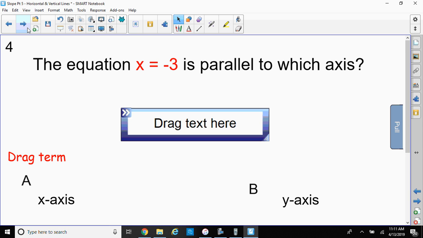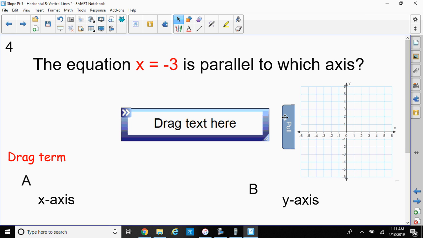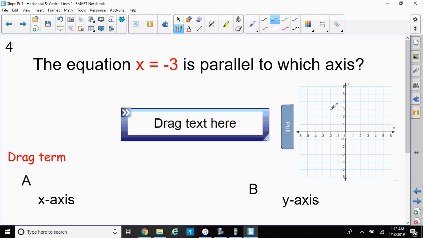Here's another question for you. The equation x is equal to -3. Which axis is that parallel to? So let me just grab some graph paper real quick. And x equal -3. So let me go to the x-axis and put -3 there. And now I want x always to be -3.